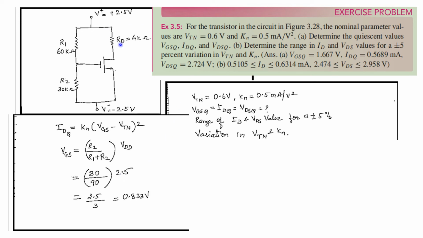Here we have two different external biasing voltages, one at plus 2.5 and another at minus 2.5. Either you can club them together or you can take them independently. I have taken them independently. So I am substituting the value as 2.5 divided by 3, which comes out to be 0.833 volts.